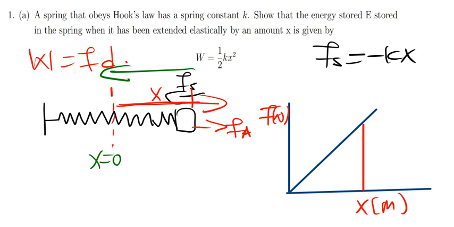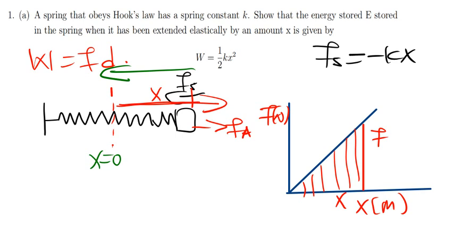One thing we need to know, guys, is that if I want to find the work done here, this is x and that is the force in the y direction.